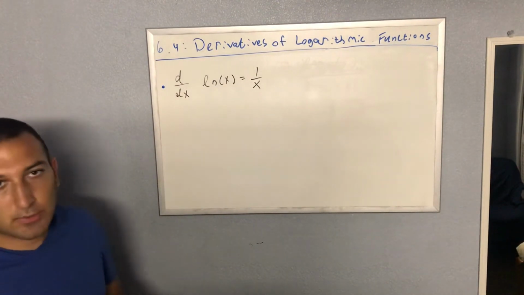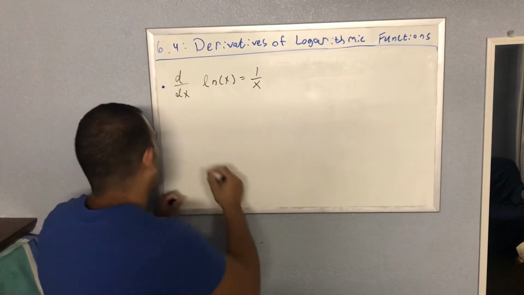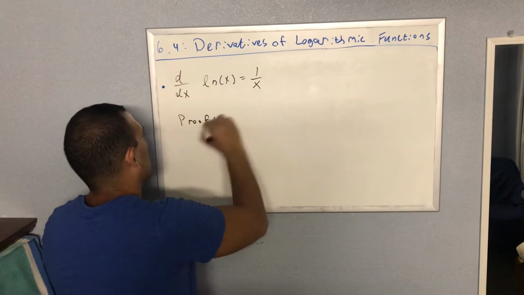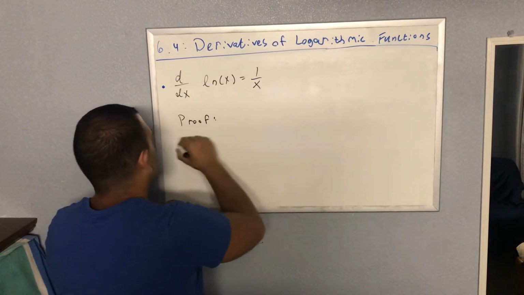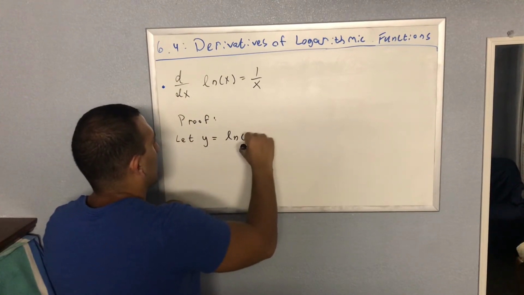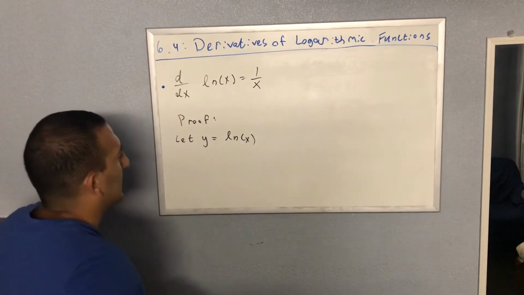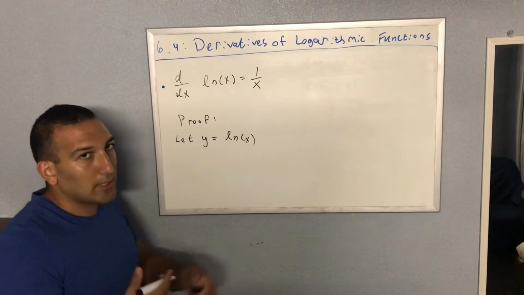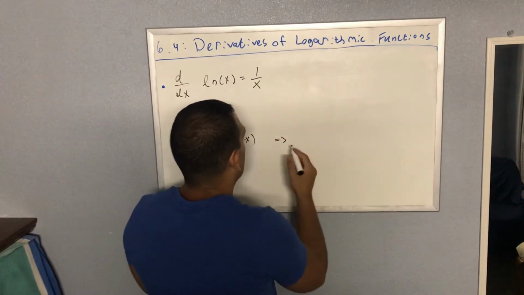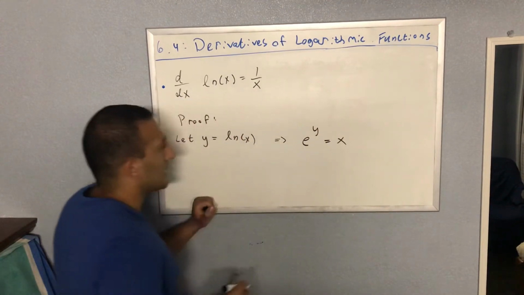So suppose that ln of x equals something y. We don't do many proofs, but this is pretty short, so we'll just do this one. Suppose you let y be ln of x. You stick something into this function, you get some output y. Now, we can turn this into the form e to the y is equal to x.